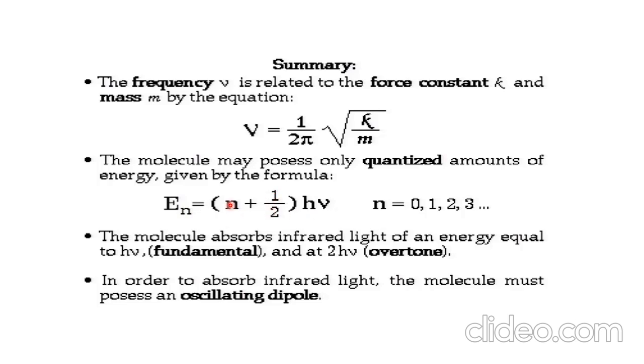If you put n equals 1, then it will be 3 by 2. So in energy level 1, the energy will be 3 by 2 h nu. That is how we can put the value of n, that is quantized, that means it is an integer.